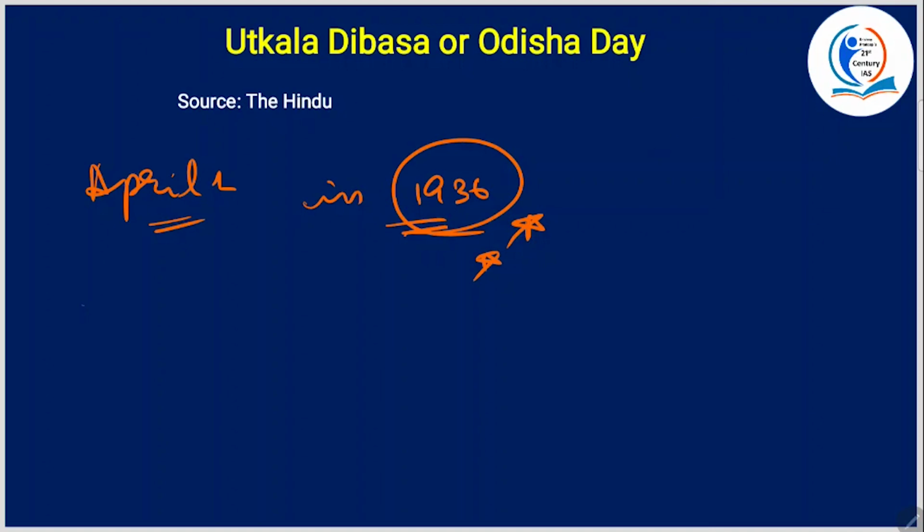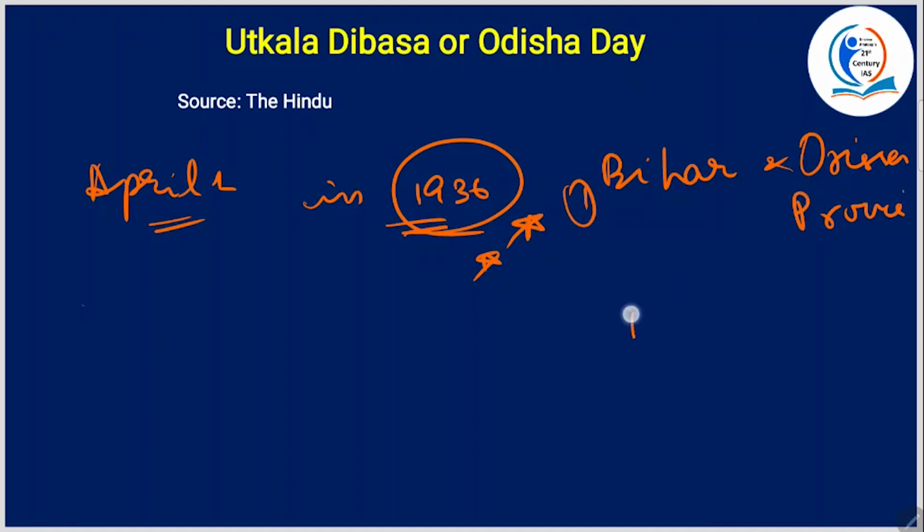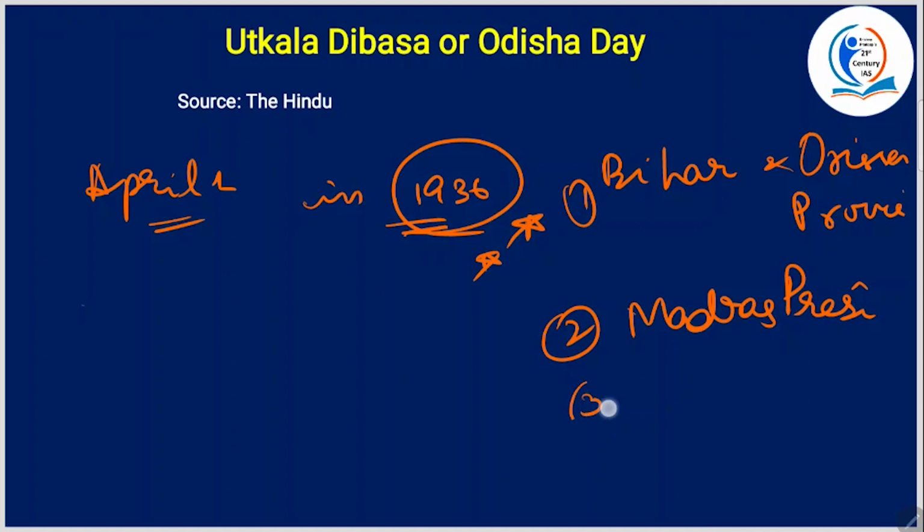So, this Odisha was formed by taking provinces or areas from Bihar and Orissa province, okay, Madras Presidency, and Central Provinces.